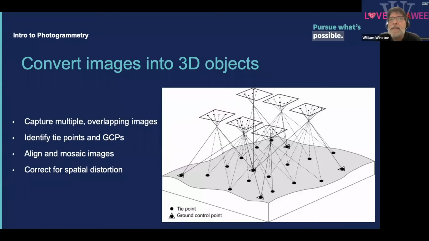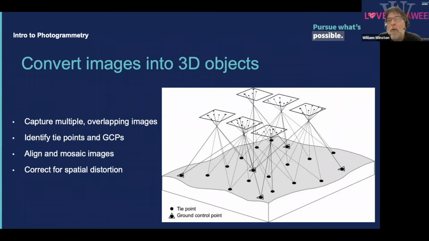They represent images that would be captured at those specific locations using a camera in an airborne vehicle of some kind. On the ground, we would identify specific tie points that would be visible in all of those images, so that the images themselves could be stitched together into a mosaic.